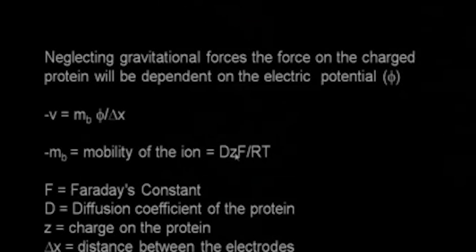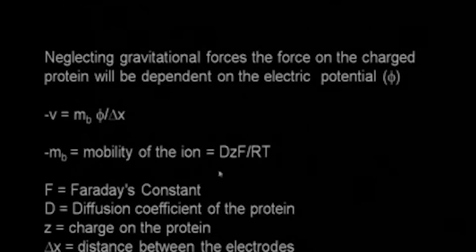If I have a very highly charged protein, it will move very fast towards the cathode. If the charge is very low, it will move slowly. So if I have a protein with charge plus 2, and another protein with plus 1 charge, the plus 2 charged protein will move faster than the plus 1 charged protein.